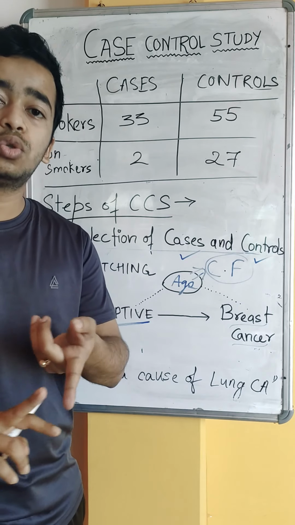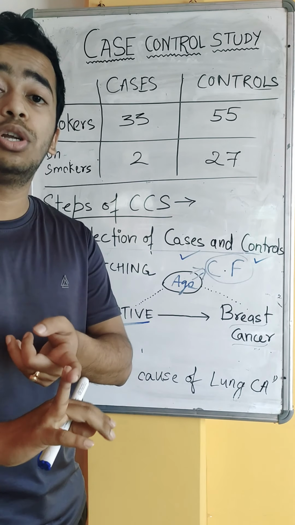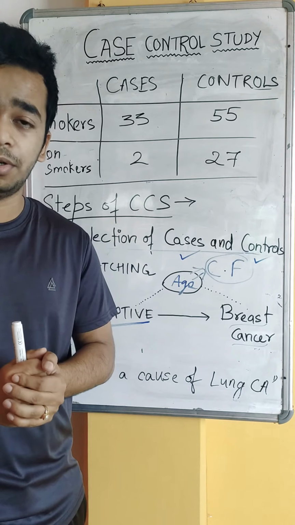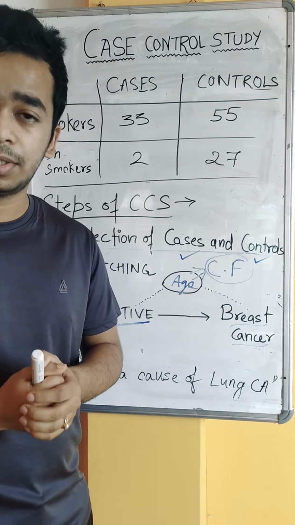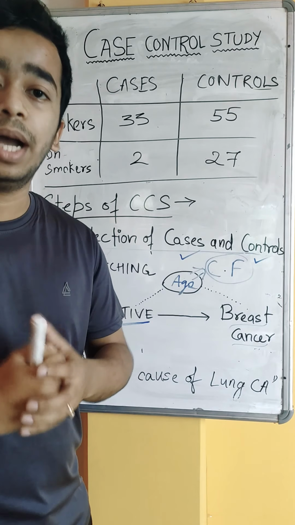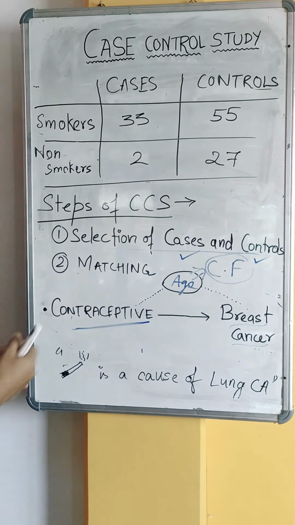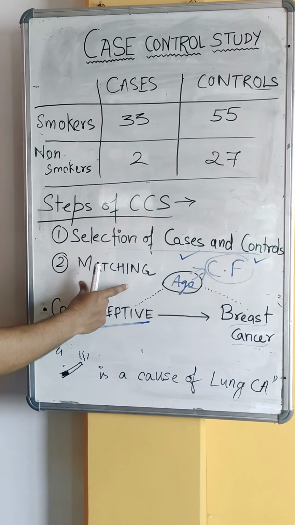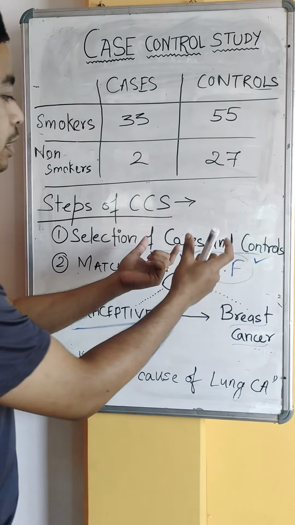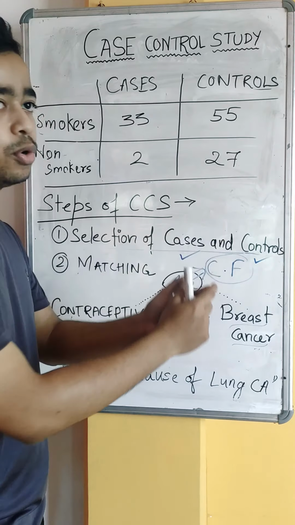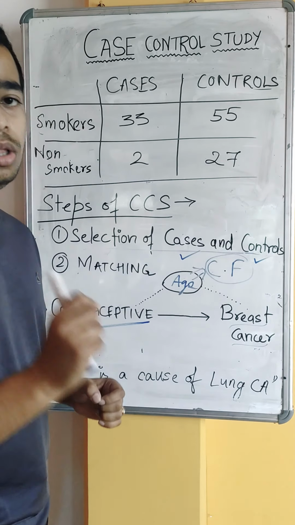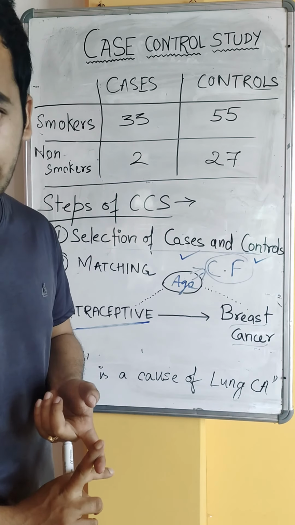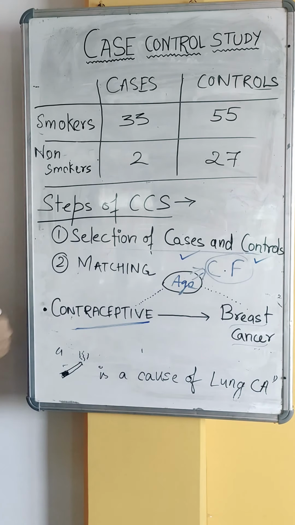In certain cases, socioeconomic status or geographical location can be a confounding factor, because they can also distort our study results and create bias. Clear? So matching is basically a process where we try to select cases and controls as similar as possible and eliminate all the chances of bias or confounding factors. So this is the second process, matching.